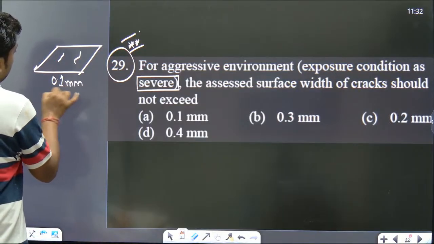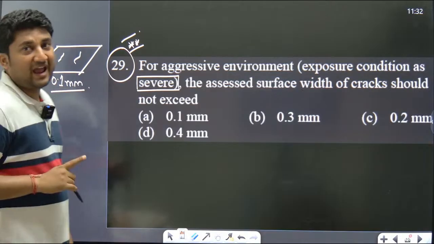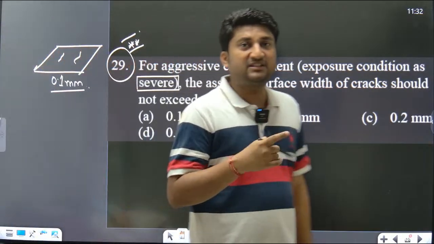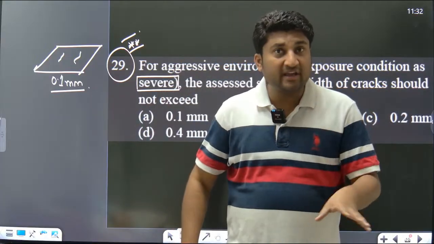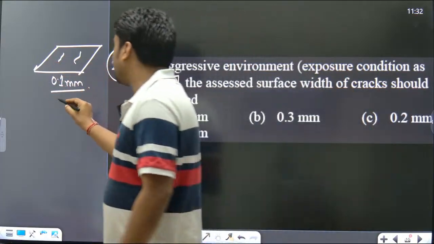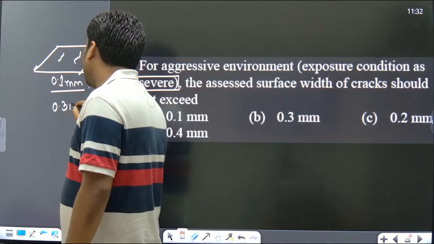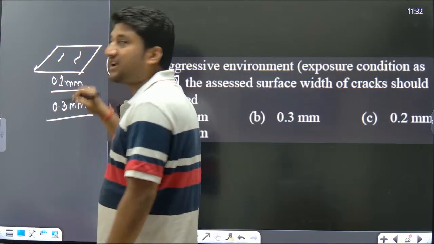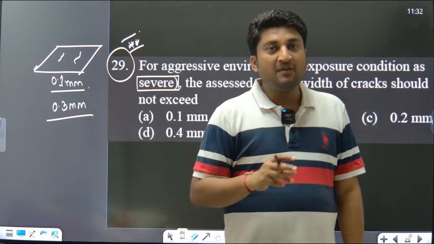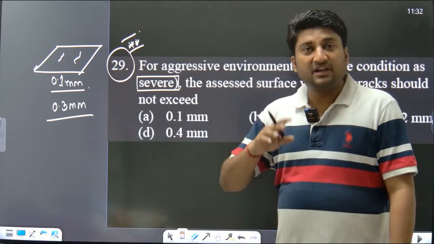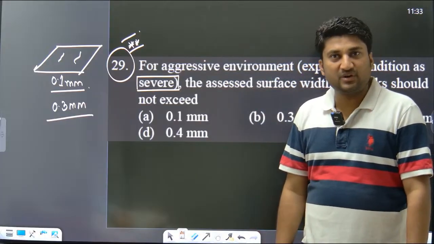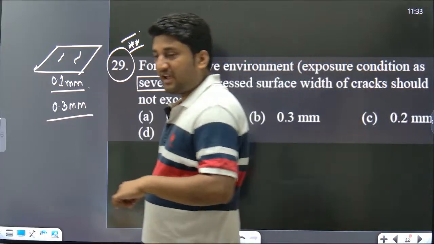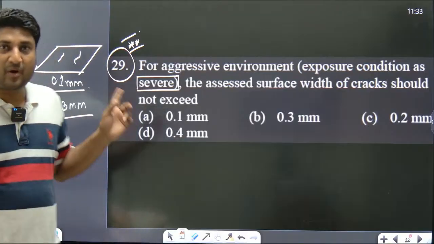Please listen to me. The maximum width of the crack in case of severe or aggressive environment should not be more than 0.1 mm. And in no case should the width of the crack exceed 0.3 mm. For mild exposure condition, the width of the crack should not exceed 0.3 mm. Understood everyone? But for severe environment condition, it should not exceed 0.1 mm.